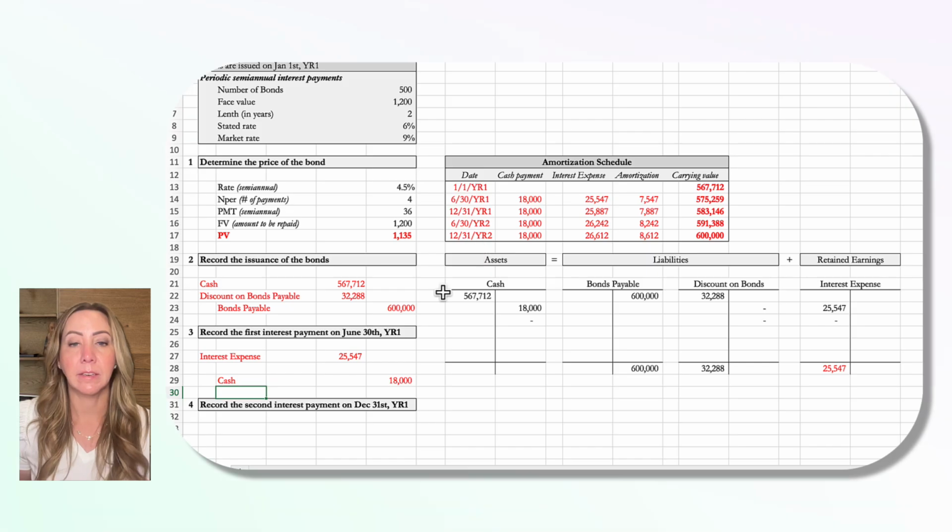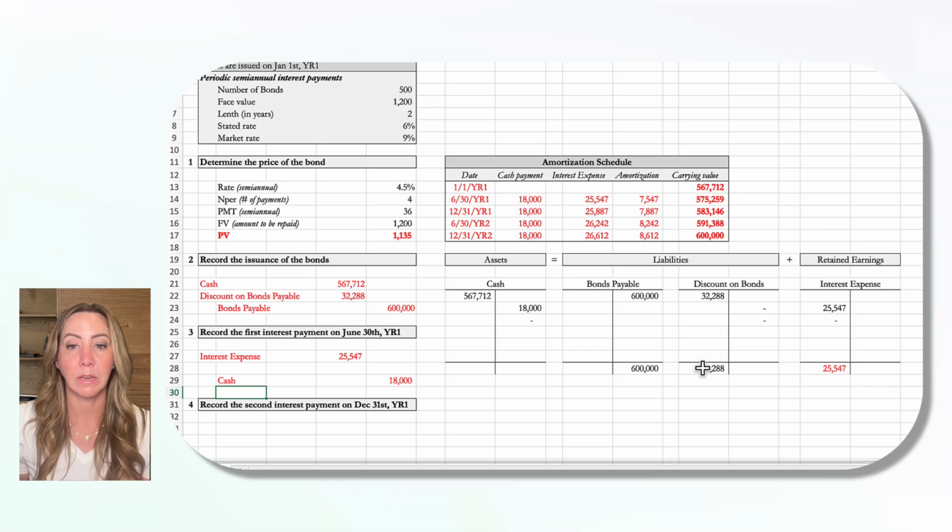The difference here is the amount of extra interest that I'm actually incurring. I don't actually incur that extra interest until the end of the 2-year period when I pay back more than I borrowed. But for accounting purposes, I need to recognize some of that extra interest as I'm using the money rather than wait till the end. And that extra interest is this $32,288. So how much do I put into this first payment?